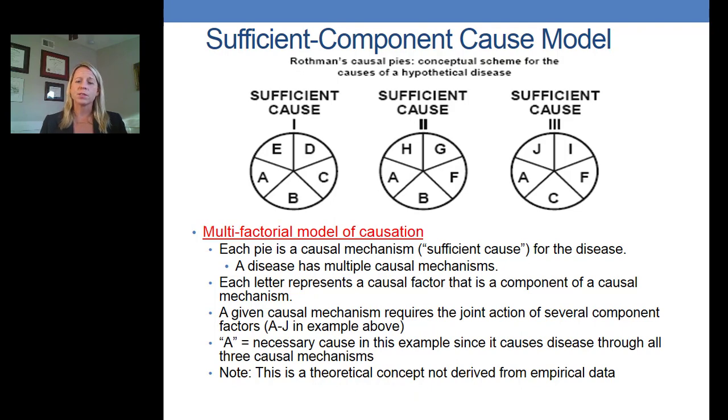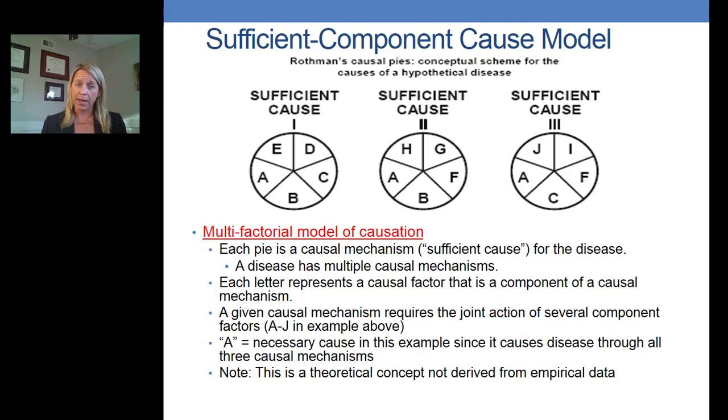And so each letter represents a causal factor that is a component of that overall causal mechanism. A given causal mechanism requires the joint action of several component factors. In the example given here, where you have 3 different causal mechanisms, 1, 2, and 3, you notice that the A factor is present in all 3 of those models.